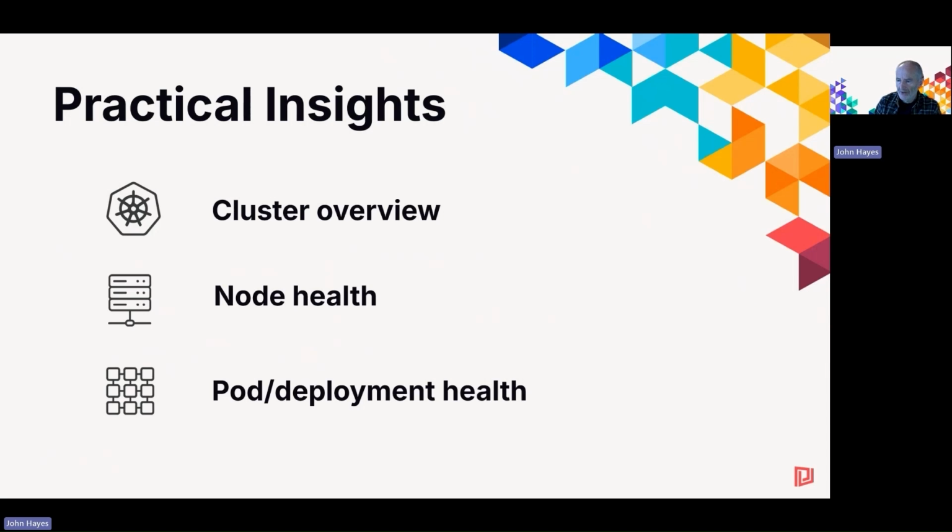First, we're going to get an overview of our cluster so we can understand the basics. Then we're going to drill down and look at our cluster nodes, and then zoom in closer still to get visibility of the state of our pods, containers and services.